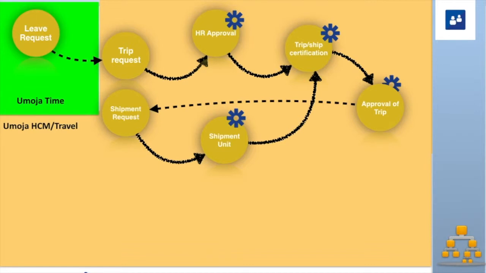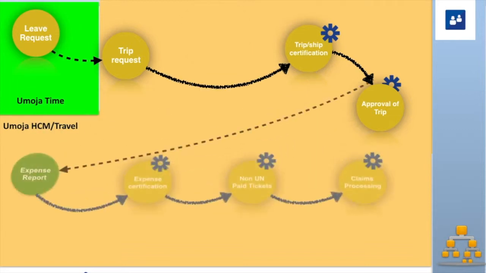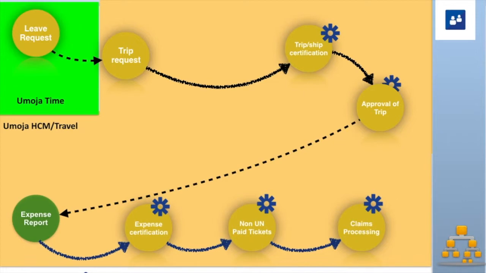And also there is a possibility of a shipment request, which can be routed to a shipment unit for approval and processing. When you talk about official travel, it has an expense report associated with it, in which the expense goes to the certification, and it can also be routed to the TPO for one more certification if the staff member has a self-purchased ticket or non-UN paid tickets.